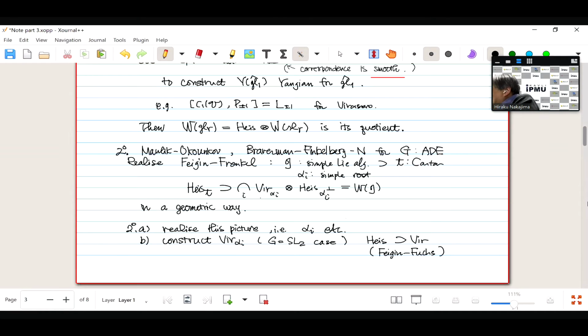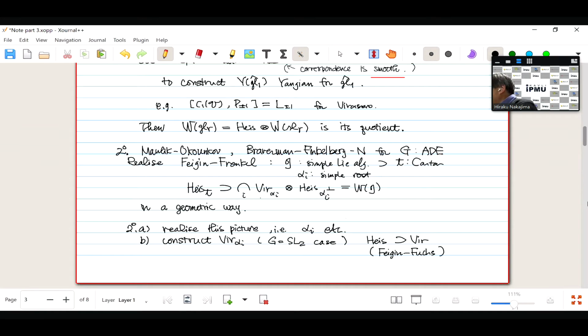Also, we must construct this characterization using chiral algebras: the intersection of chiral algebras is the double algebra. But we first need to understand the chiral algebra, which means that we just need to understand the sl2 case.